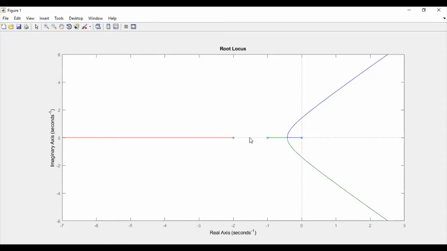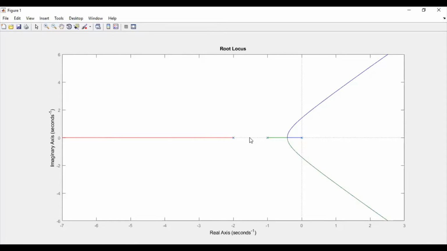This is called rapid plotting. Here you don't get a clear picture of where the roots are, because you are not calculating the roots for different values of k. Rapid plotting gives us some idea, a hint only, and it reduces the burden of numerical calculation for every k.